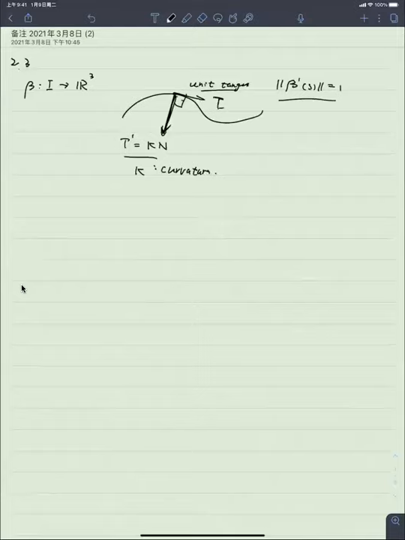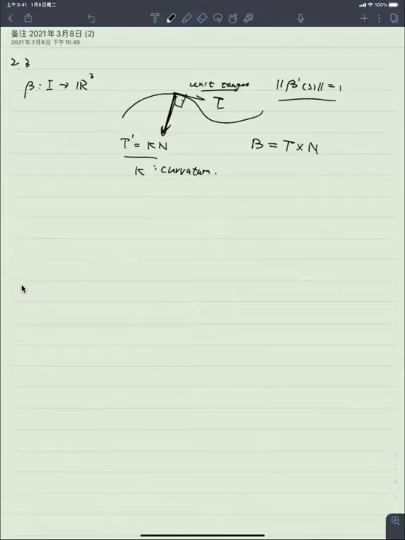So it should be B equals T cross product N. Now we have three orthonormal bases, like in linear algebra.